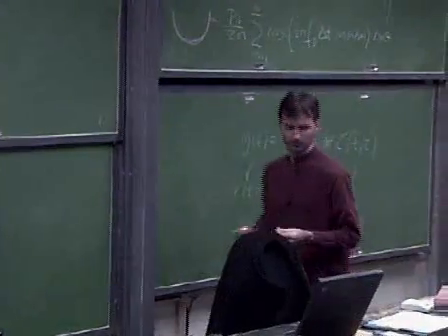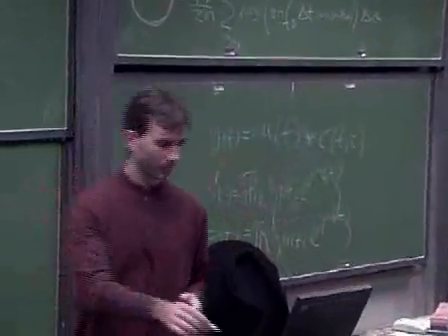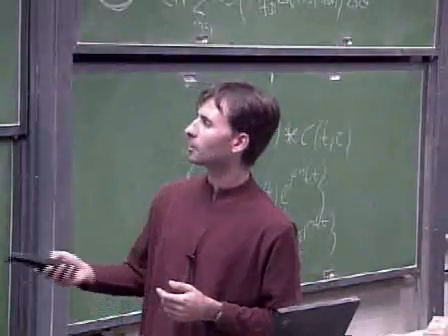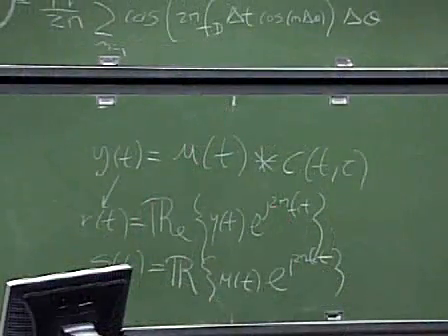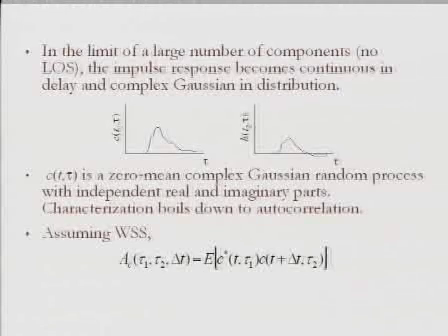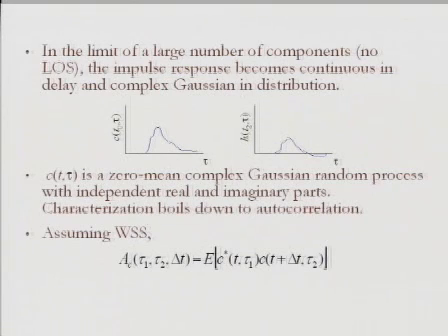Okay, so just to recap who is who. This is the autocorrelation of this time-varying impulse response, and it's a function of two delays that we pick, tau 1 and tau 2, and a time shift that we pick, delta t. So it's the expected value of the product of C at time t and delay tau 1 times C at time t plus delta t and delay tau 2.